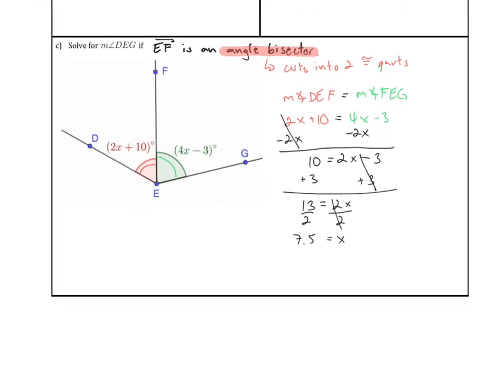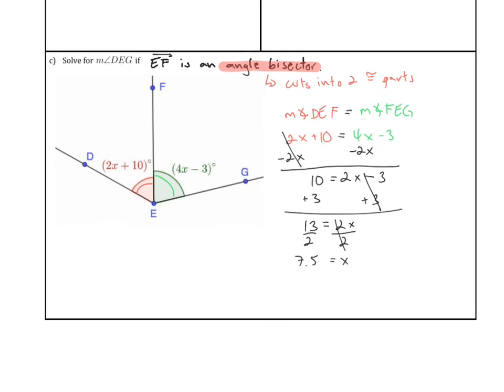So in order to do that, if I want the entire angle, the measure of angle DEG, this is going to be equal to the two parts added together. So the measure of angle DEF plus the measure of angle FEG.